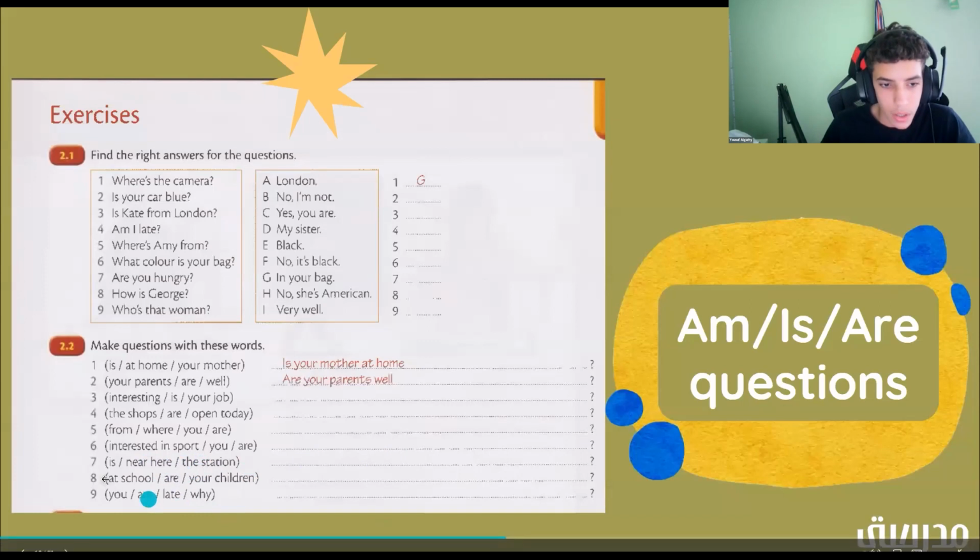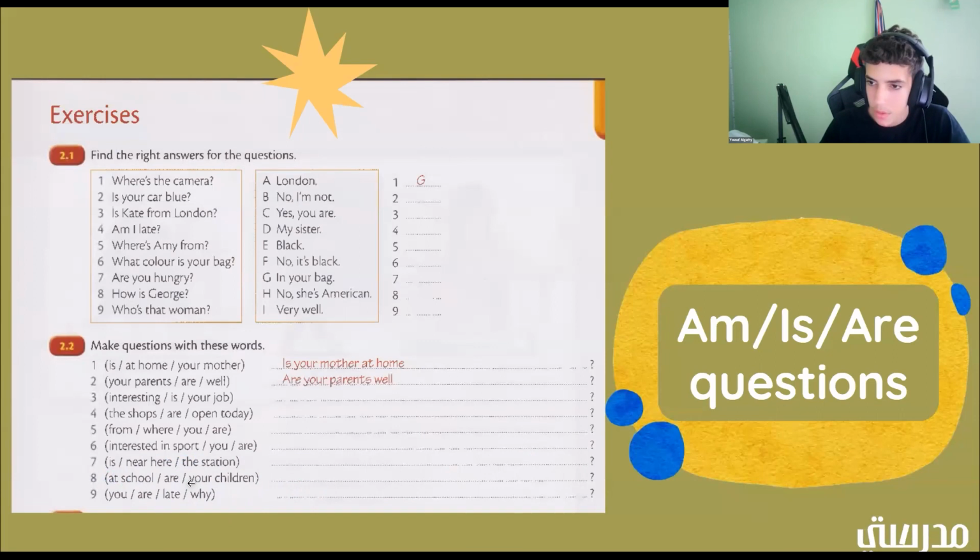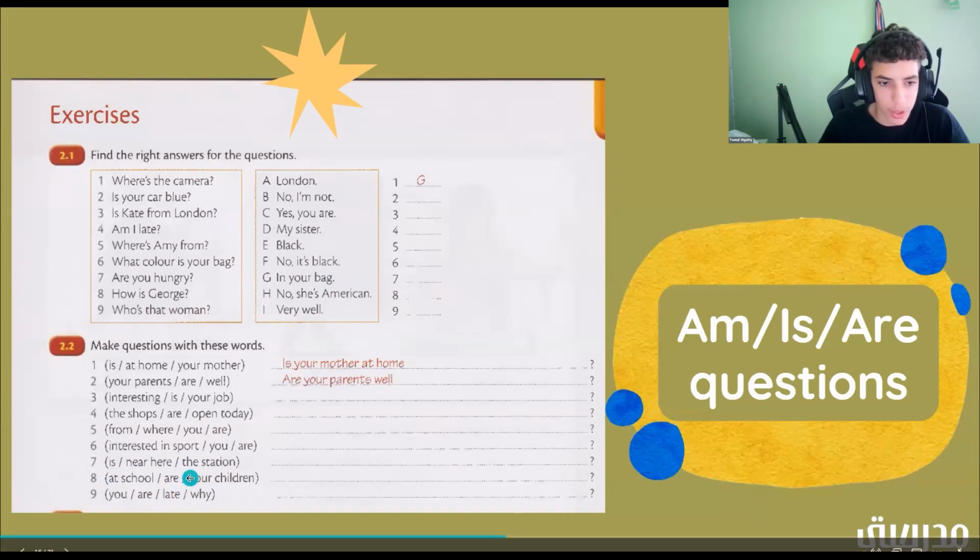Good job. Now, at 8, we have at school are your children. So what would number 8 be? Repeat 5? Sure. Let me just finish number 8 really quickly. Are your children at school?